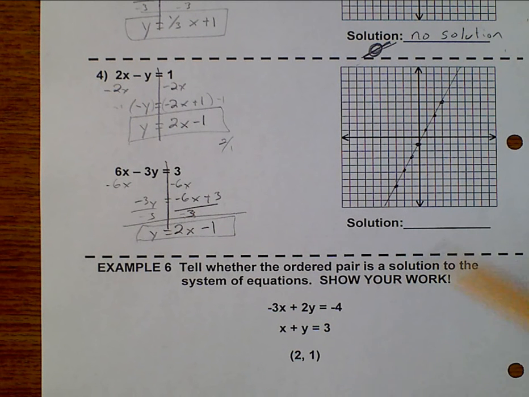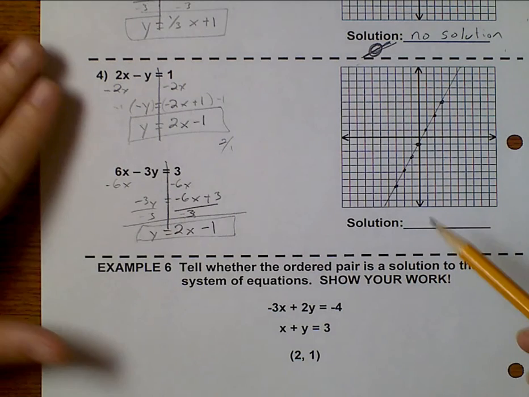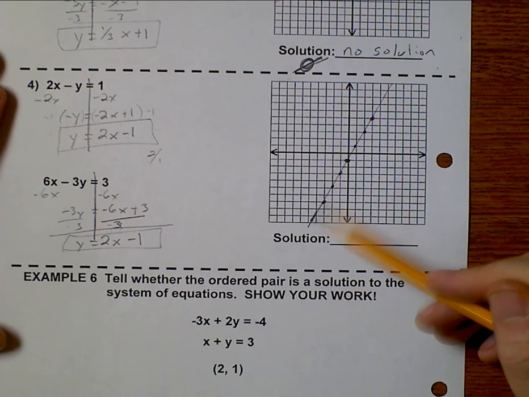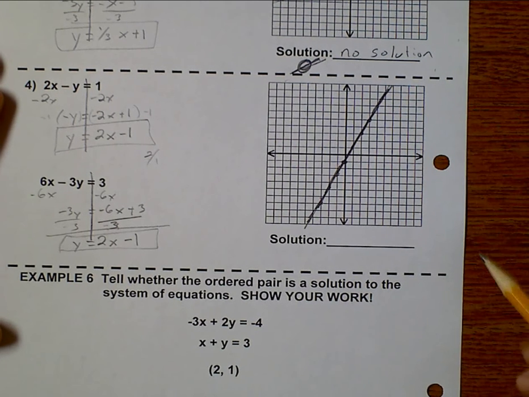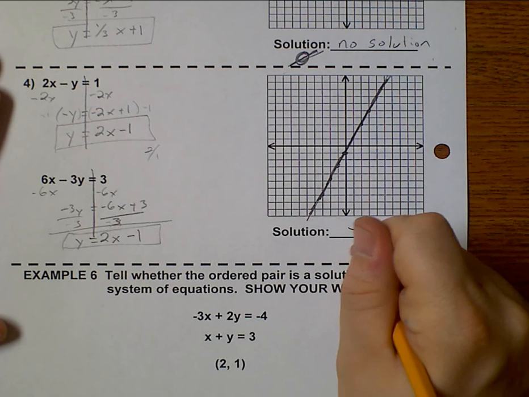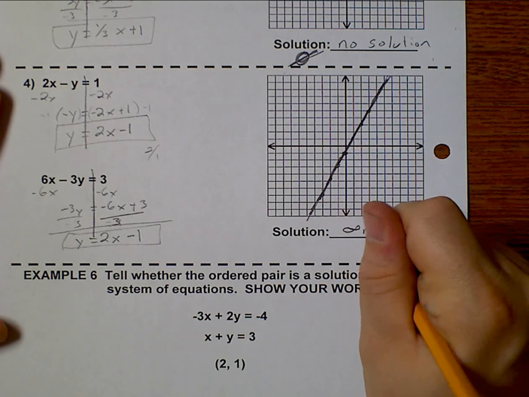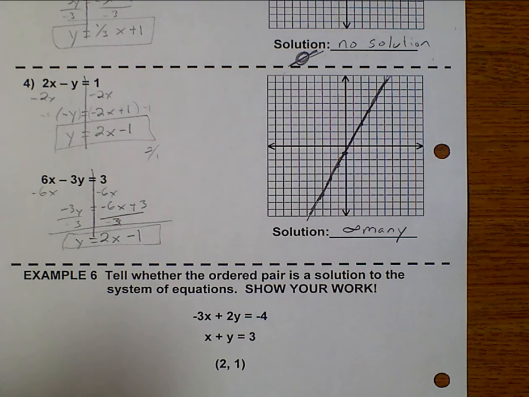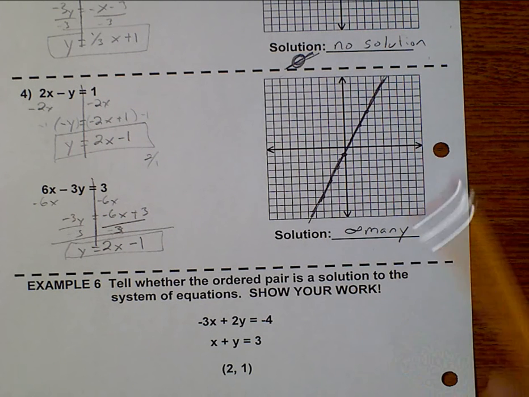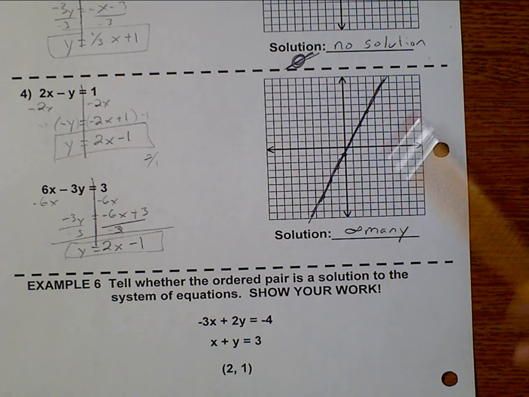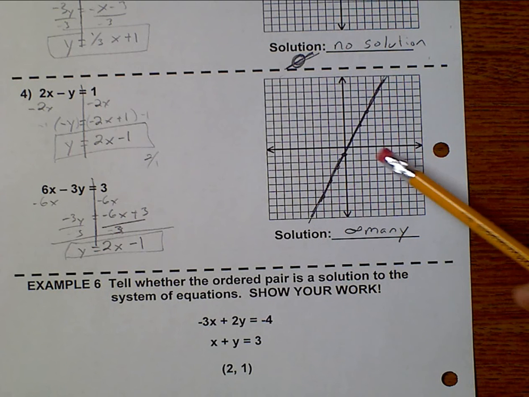And so what I have is the same line graphed right on top of that other one. And so what this gives us is infinitely many solutions. That's the sideways 8 for infinite. And it's not all real numbers because, hey, I've got a spot right here that's not a solution. But it is infinitely many because there are infinitely many points where these two lines cross because they are the same line.